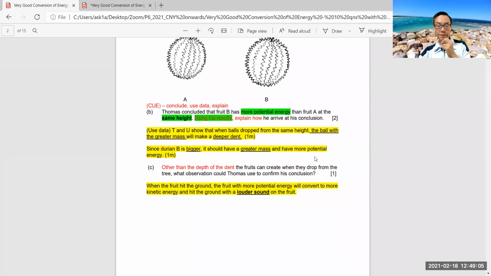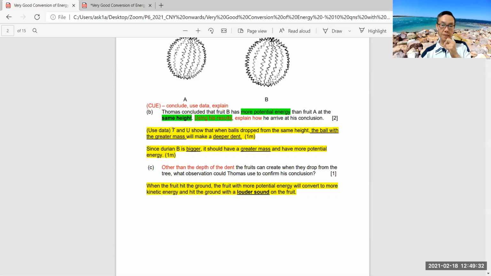In the answer, because there's a requirement saying using his results, explain how he arrived at his conclusion. This is the part where most students may not be able to use the data presented to give the proper answer. So this is how I teach the student. You must direct the examiner's attention to which data you are using.